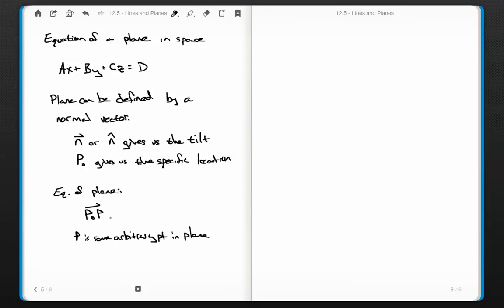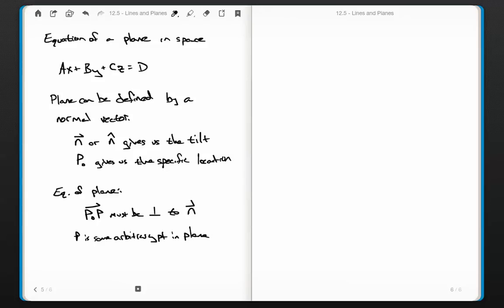Then that means the vector from p0 to p, starting from our defining point and going out to any point p, must be perpendicular to our unit vector, or our direction vector, our normal vector n.